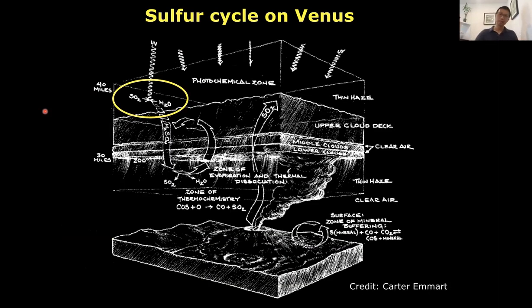And as I said, regarding the sulfur cycle on Venus, if you don't know much about Venus, I'll give you a very brief introduction. Venus is basically a sulfur factory. It's a carbon dioxide atmosphere with a large amount of sulfur species, OCS, SO2, and others in the lower atmosphere.